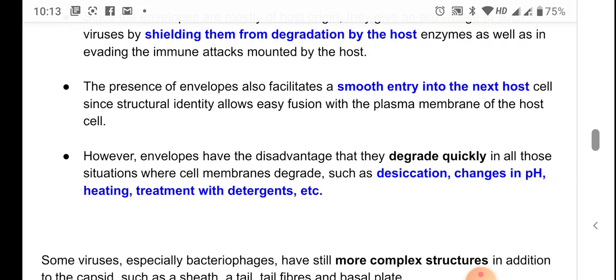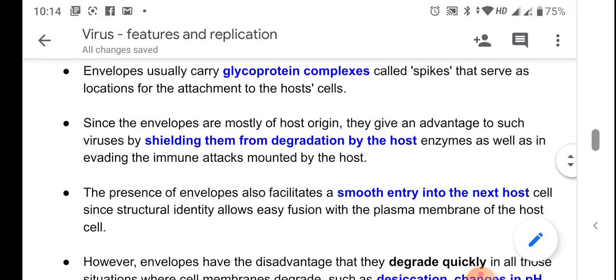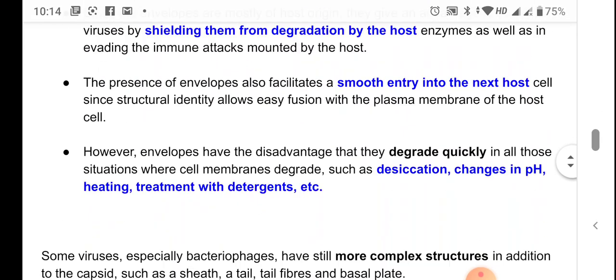So in such conditions, that is a disadvantage to these viruses. The other advantages are described above.